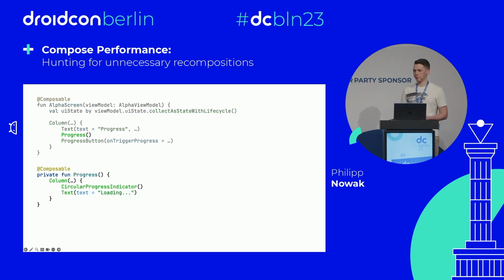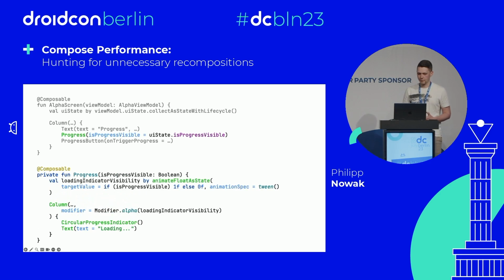The Progress composable wraps the circular progress indicator and the text, which is everything that is shown and hidden on button click. This functionality is done via modifying the alpha value of the wrapping column by using animateFloatAsState.